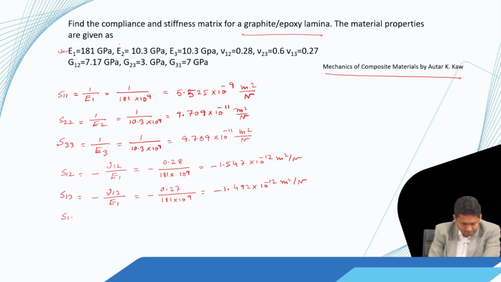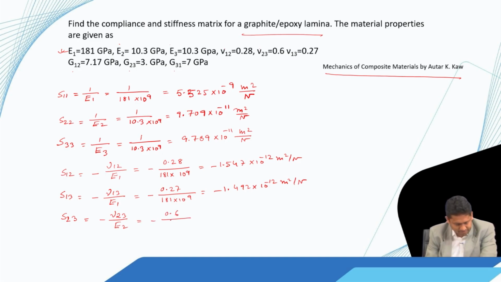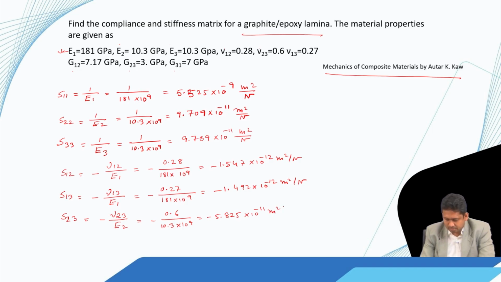Then we have S23, which is minus ν23 by E2. If we find out the value, we have 0.6 divided by 10.3 multiplied by 10 to the power 9, and that gives the value as minus 5.825 into 10 to the power minus 11 meter square per Newton.